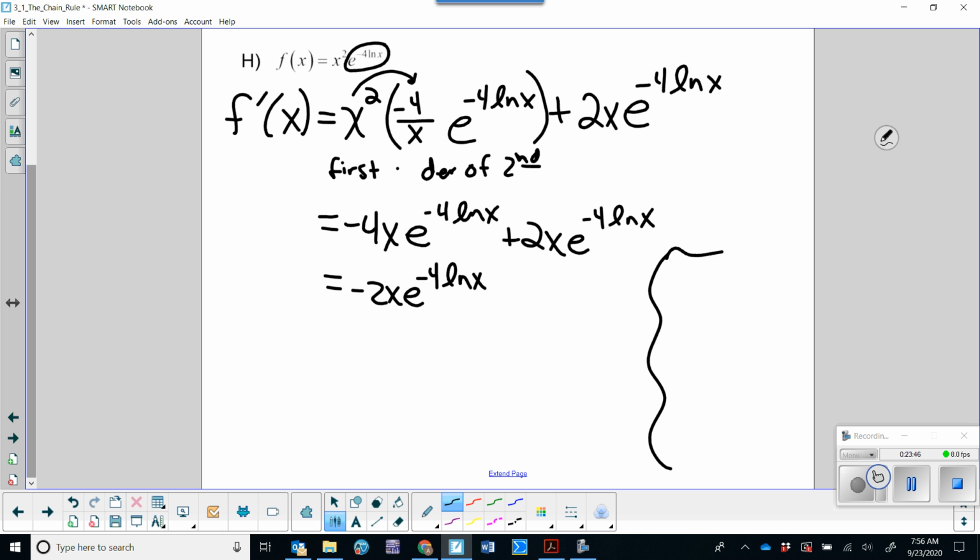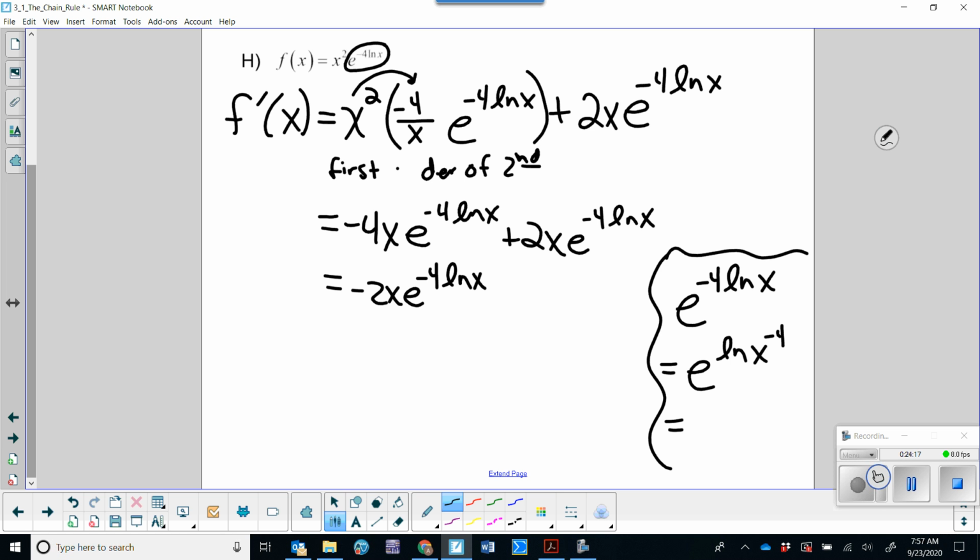Here's what we need to remember. e to the negative 4 ln of x can be simplified a bit. You can rewrite this as e to the ln of x to the negative 4, because remember, powers can go back up to make a power, and it's not x to the negative 4 as the whole thing to the negative 4, it's x to the negative 4 that is the part of it.